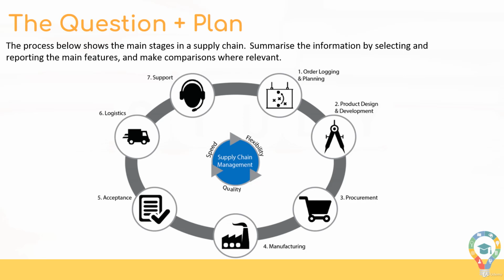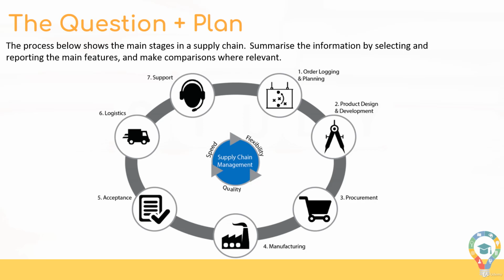When you do get your process diagram, it's good to read through the question, just like I did, and then have a look at the diagram. Try and find the title, and then look at the stage 1, look at the end stage, read the middle stages, and try and get a better understanding of what you are looking at. It's also important to note that sometimes the process diagrams might be a little bit confusing.